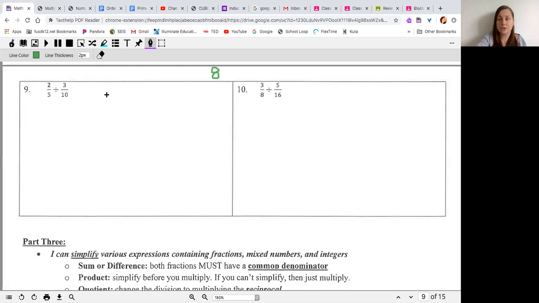Okay, they're quotients. So what do I need to do for my quotient before anything else? I boxed my terms, I wrote my Q for quotient, right? We switch. So my 2 over 5 stays the same.